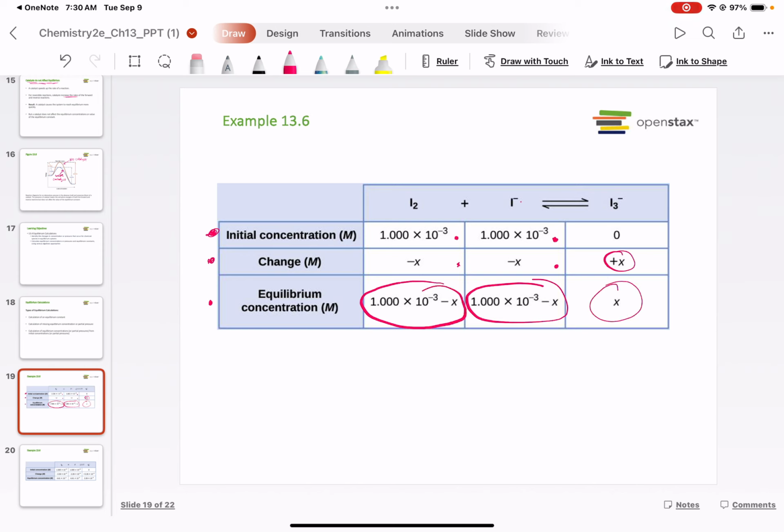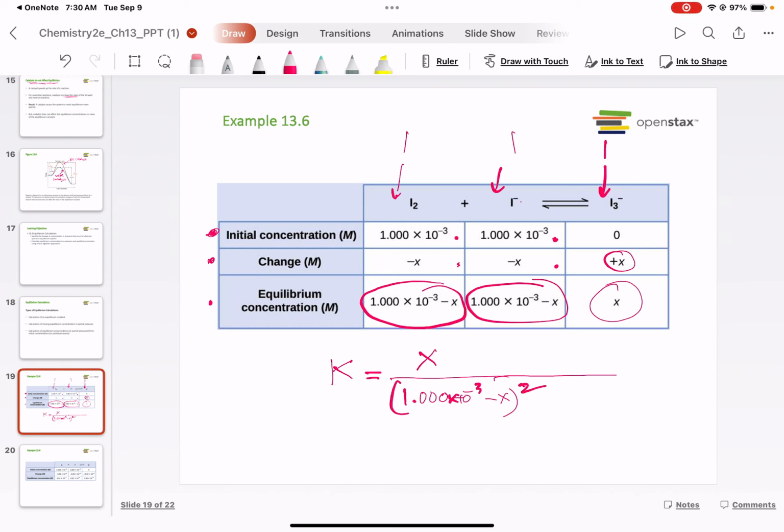When you do the K, it's going to be X, which is the product, and there's no power because all the coefficients here are 1, 1, and 1, divided by 1.0 times 10 to the minus 3 minus X, and another one the same, so it's going to be squared.